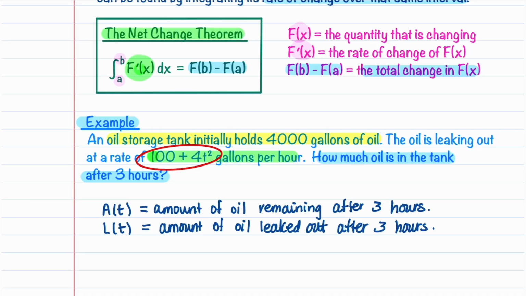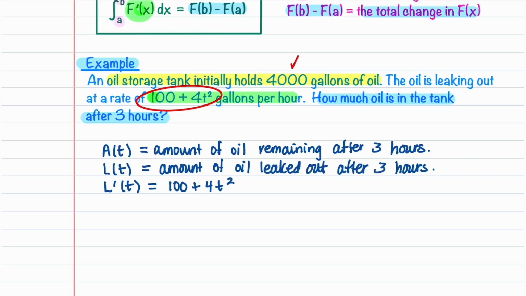And then let's also put down that we know this rate of change of L. So we can say L prime of t is the rate of change of oil leaking out, and that is 100 plus 4t².